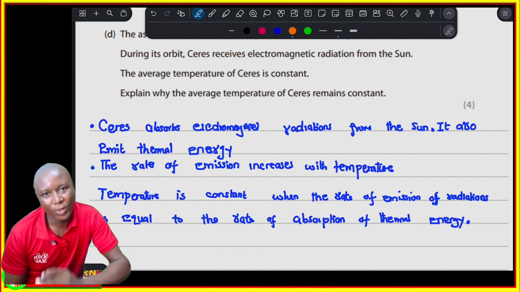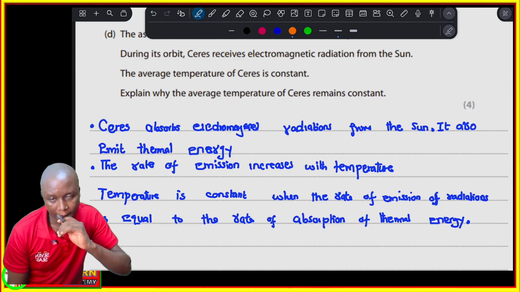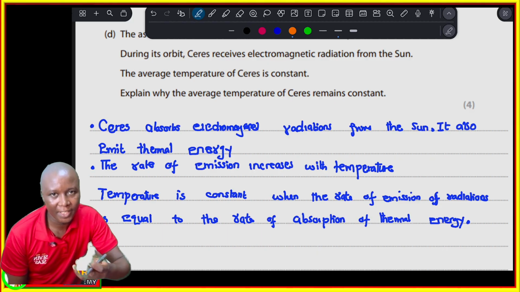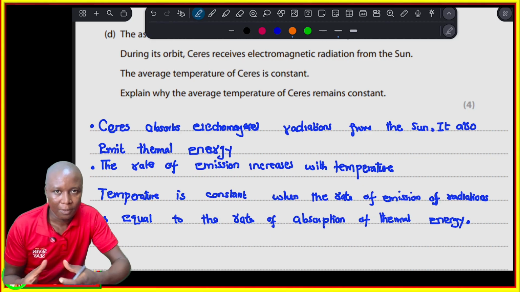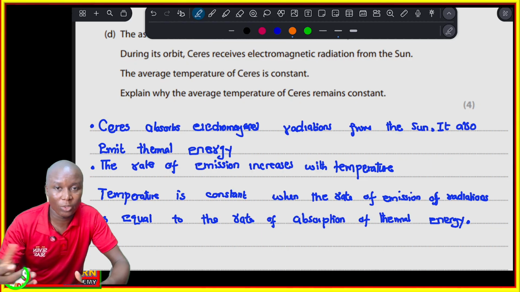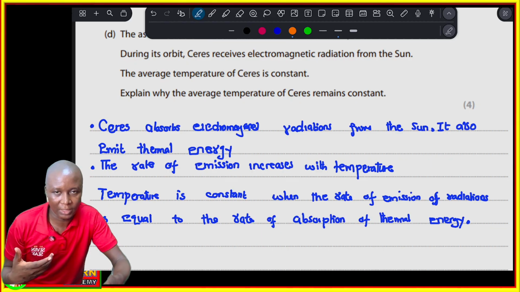So here, what we needed to understand as candidates is that this asteroid absorbs the electromagnetic radiation, the infrared radiation, all the thermal energy from the sun. As it absorbs, it's also going to emit, because if a substance absorbs some heat, it also gives out that heat.